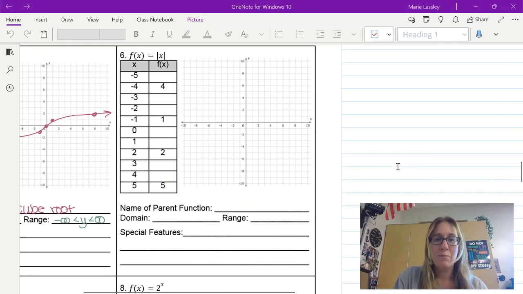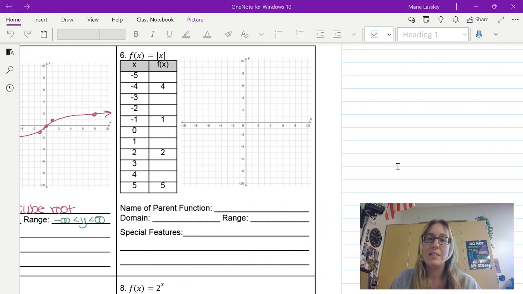Okay. Moving on to number 6. If you don't know what this function is, this is called the absolute value function. The absolute value is essentially asking the question: what is the positive distance from 0? So the absolute value of a negative number is positive. If you have the absolute value of negative 5, it's asking how far away from 0 is negative 5. Well, it's 5 spaces.